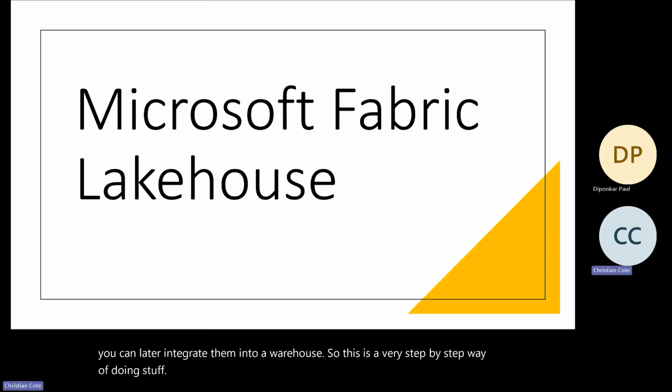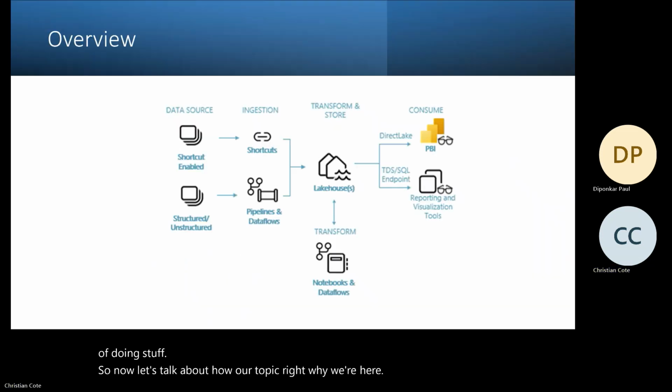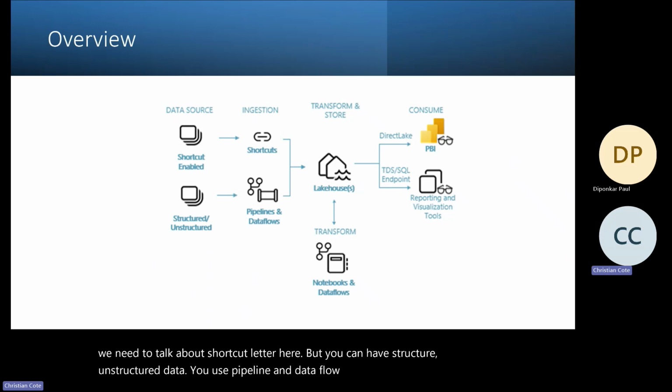So now let's talk about our topic, why we're here: Fabric. You will see this image in many places. This is the way it works. We need to talk about shortcuts later, but you can have structured or unstructured data. You use pipelines, dataflows or notebooks to transform the data here.